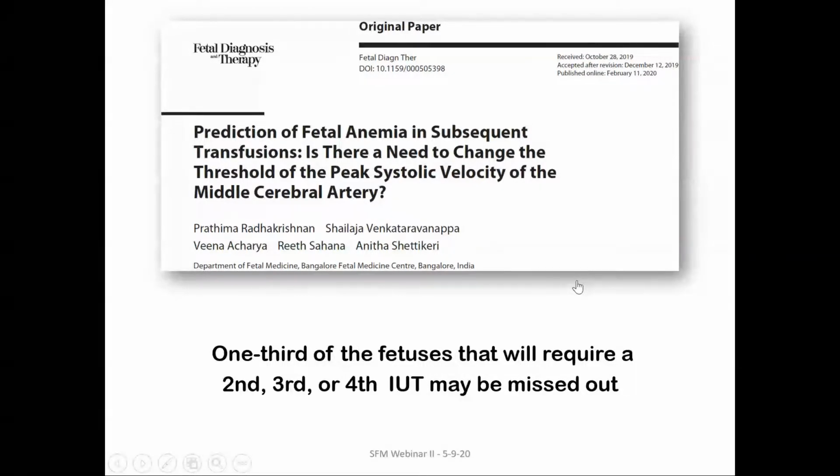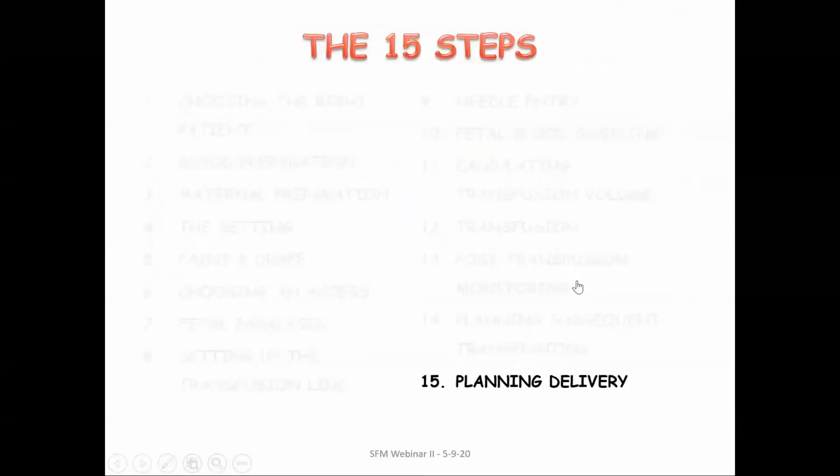This risk is that you could miss out on one third of the fetuses that would actually require a second or a third or a fourth transfusion. So they say that you would rather stick to this cutoff of 1.5 for timing even the second transfusion. But having said that, most centers would generally prefer to go by this as well as the falling hematocrit method that I just described in the previous slide.